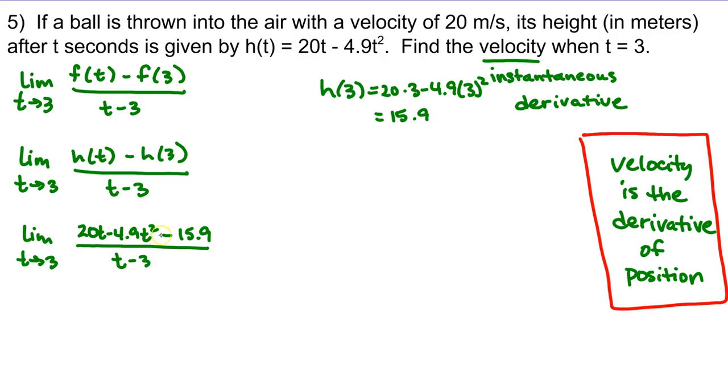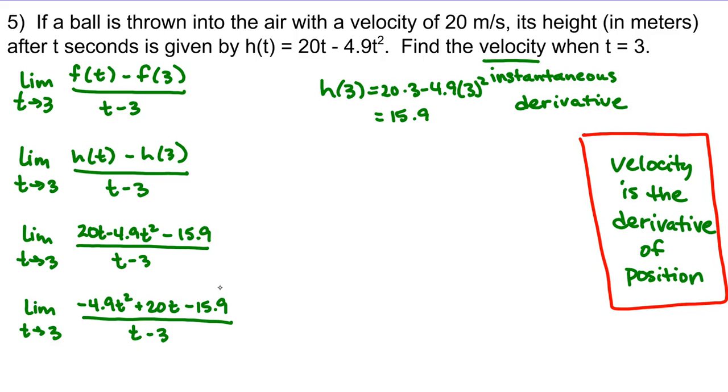Now I'm going to rearrange the terms in the numerator. Negative 4.9t squared plus 20t minus 15.9. That is not something that I am used to factoring. And if I substitute 3 into the top and the bottom, I get 0 over 0.